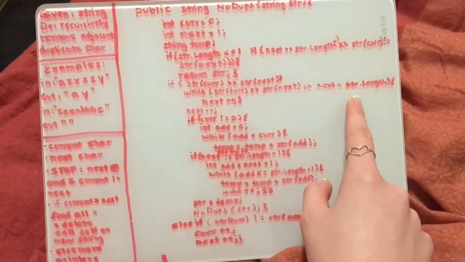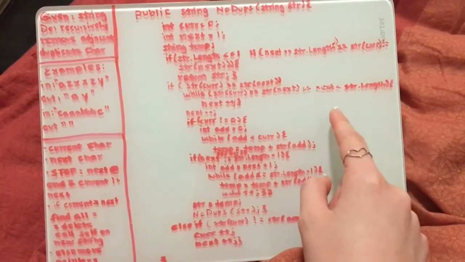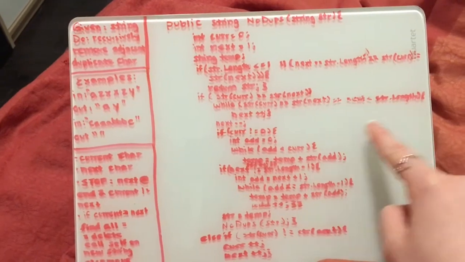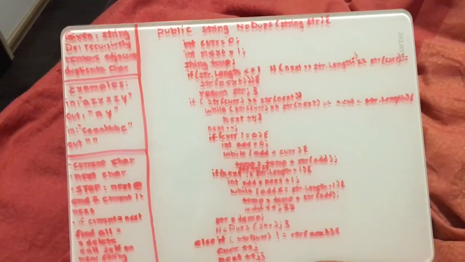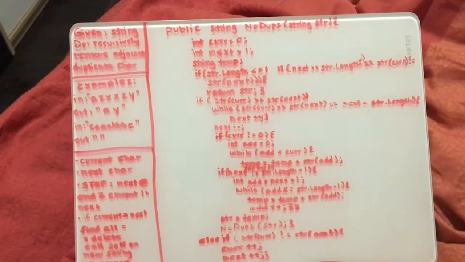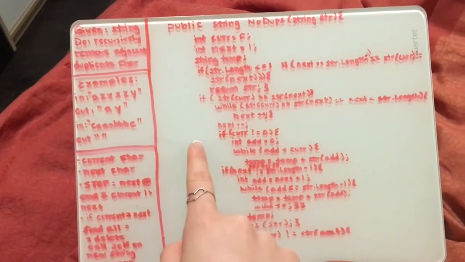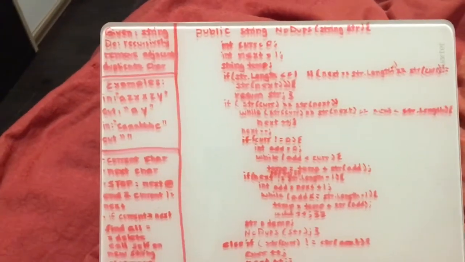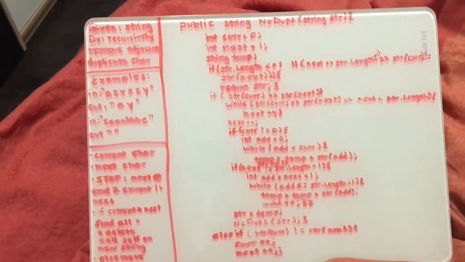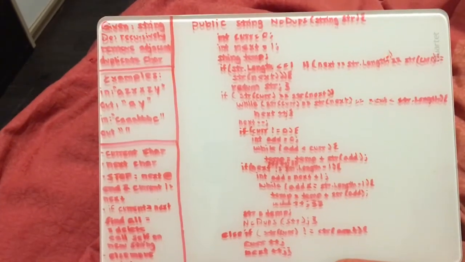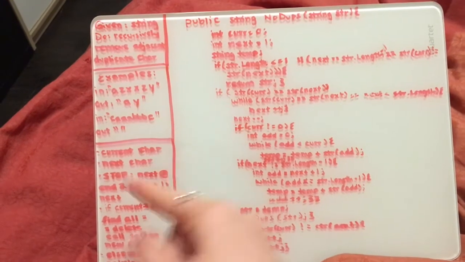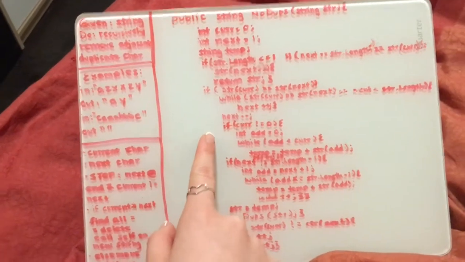This is just so that if it's X X X X and that's the end of the string, we don't run out. And because it's going to keep going until it's no longer true, our next will end up being one higher than we want it to be, so we're going to subtract one from next after we're completed with the loop.